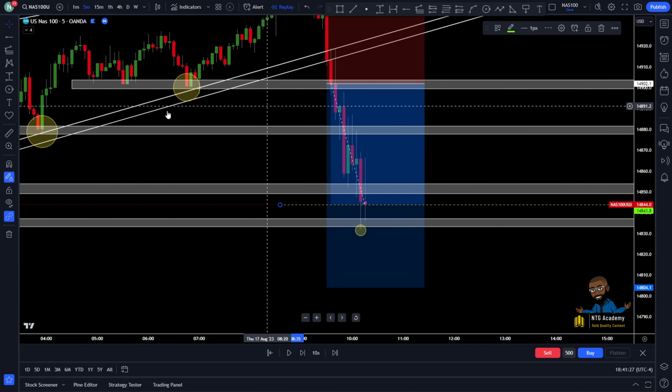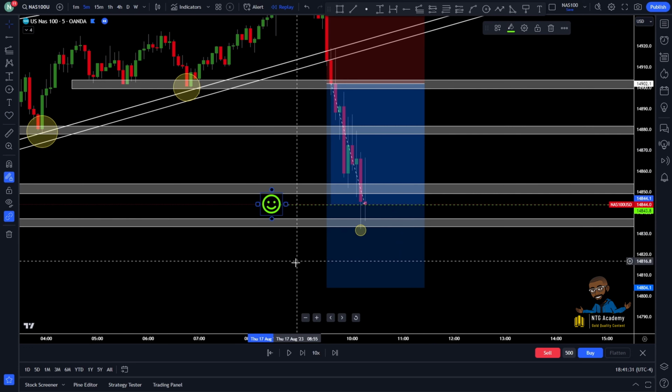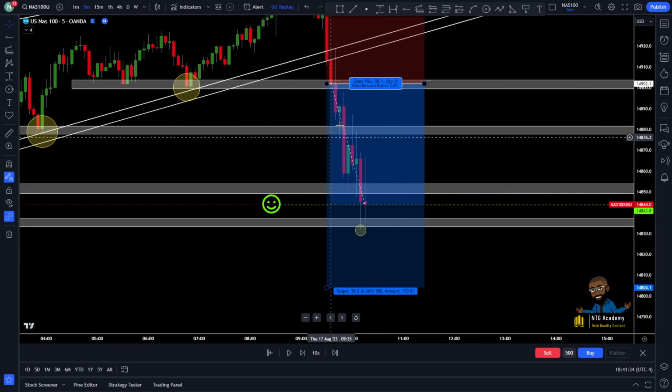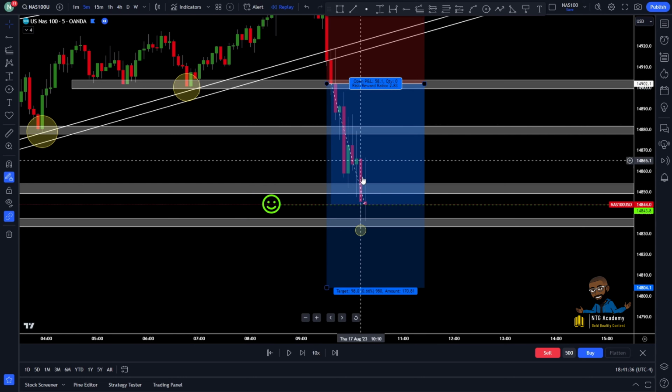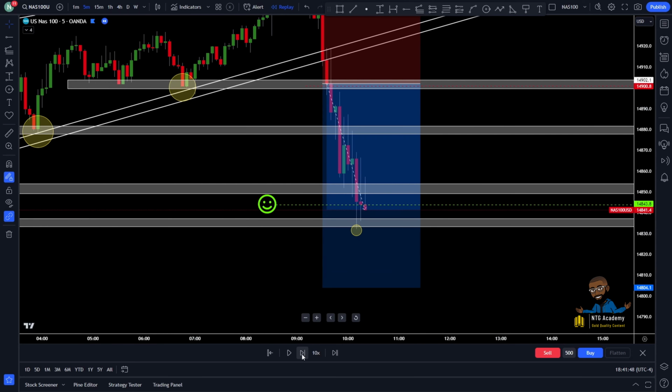Be happy. Let's put a smiley face there, because we're happy. We took some profit. And what you want to do is set the rest of your position to break even. Let the rest run. If you make some more money, you get a double smiley face. So let's see what the market does.